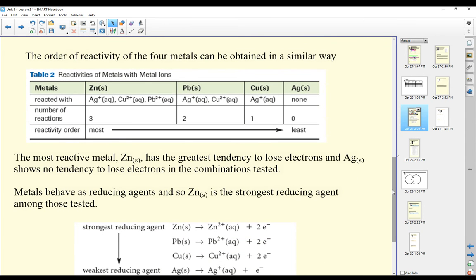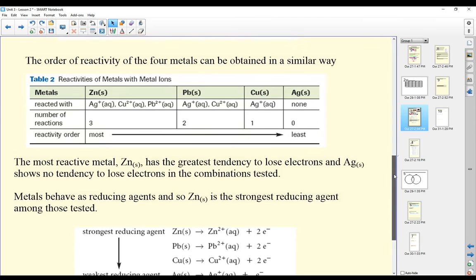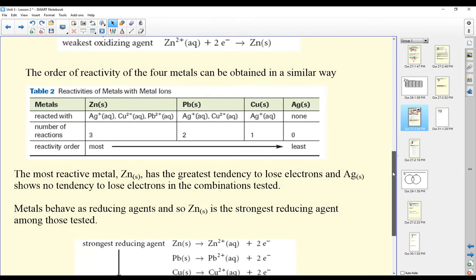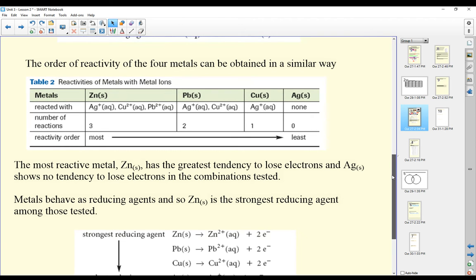So the order of reactivity of the 4 metals can be obtained in the same way. Before we were looking at our ions, and what we saw was that our silver ion was our strongest oxidizing agent. Our zinc 2+ would have been our WOA, our weakest oxidizing agent, which means that it wasn't great at causing anything to undergo oxidation, and it did not want to be reduced, or undergo reduction, I should say.